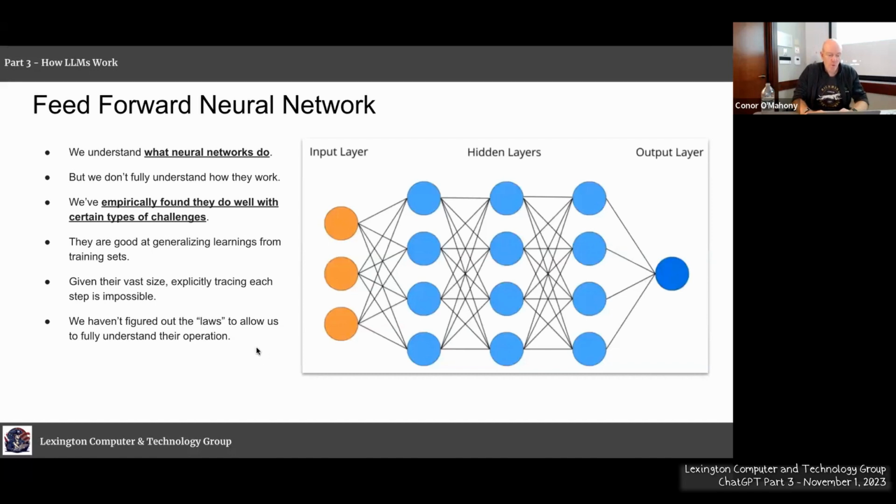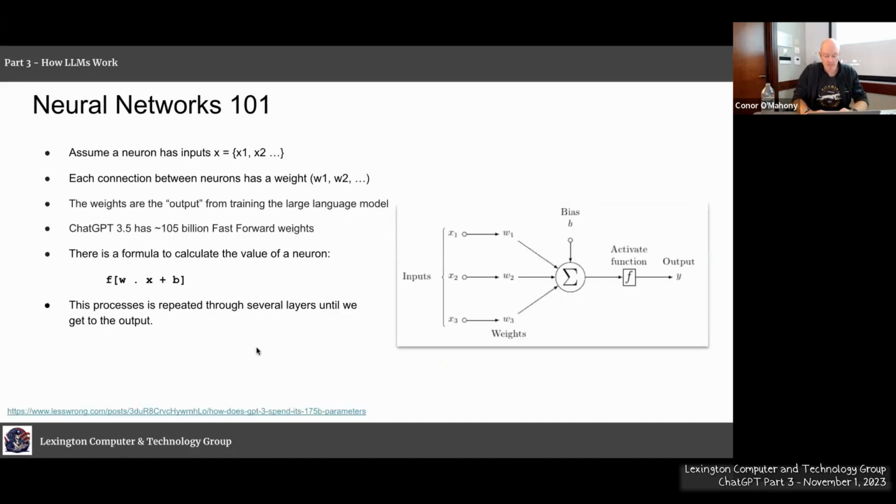Okay, so we're dealing with a neural network here. We've got all these neurons, and they're all storing some level of information. But very importantly, it's the weights between these neurons that hold a lot of the understanding of the system.